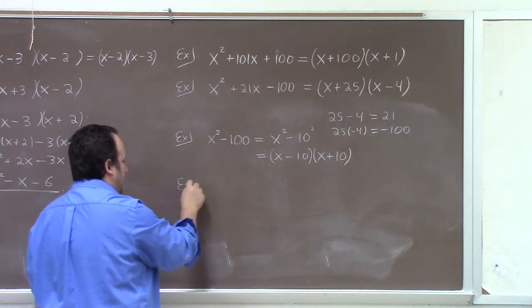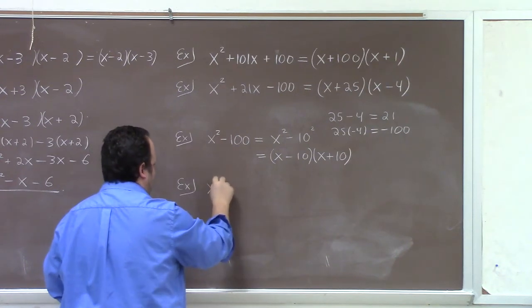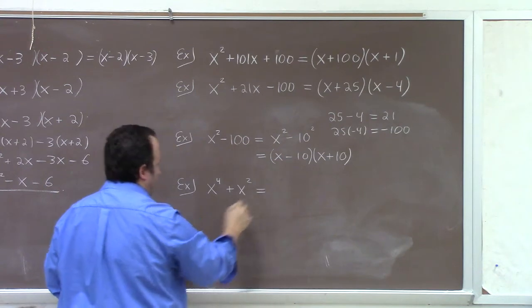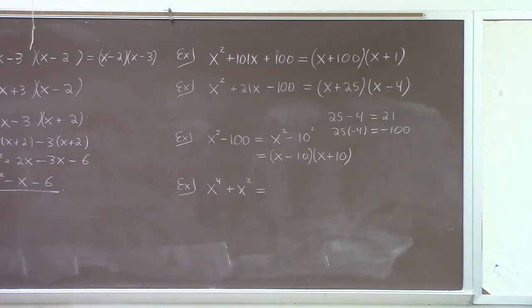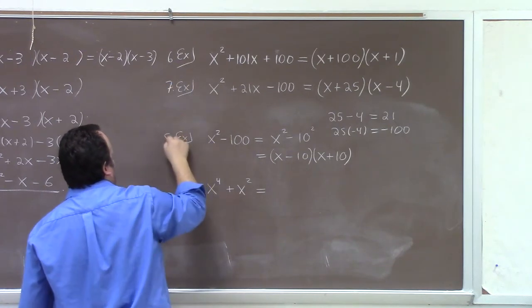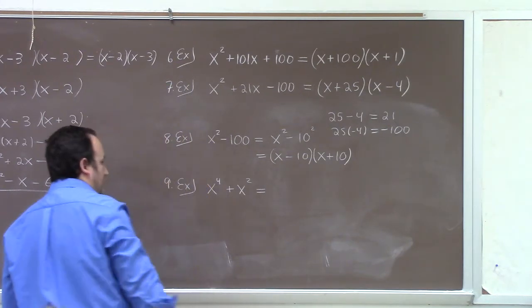Let's see, here's another one. X to the fourth plus x squared. Let's factor that as far as we can. By the way, up till now, setting aside my first example, let me number these things. 1, 2, 3, 4, 5, 6, 7, 8, 9.